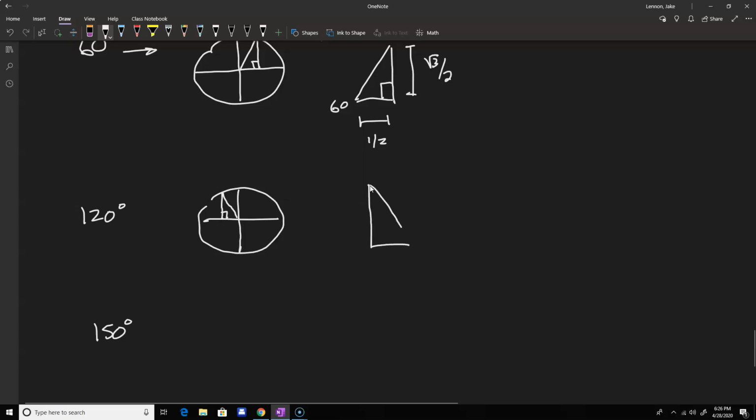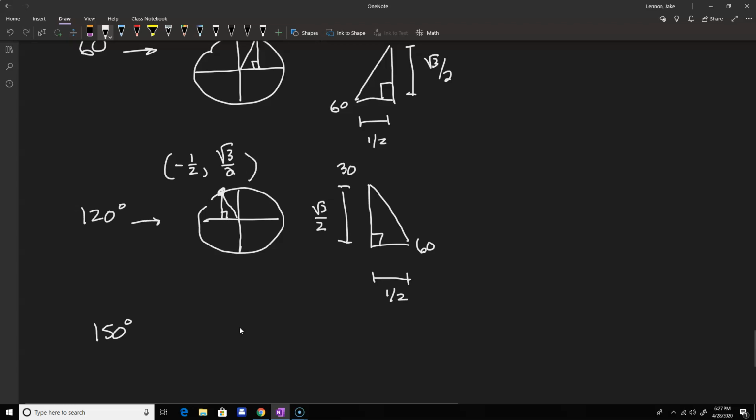It looks something like this, where we have our 60-degree angle here and our 30-degree angle here. So our y side should be the longer of the two, which is square root of 3 over 2, and the x side will be shorter at 1/2. What are the coordinates? Well, we're in quadrant 2, so my x has to be negative. So I'm going to have negative 1/2 for the horizontal value, and the vertical side will be square root of 3 over 2.